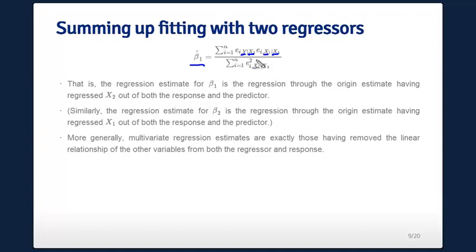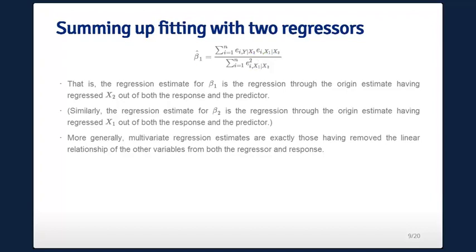Okay? And so that makes a lot of sense to me, because it's like removing x2 from both y and x1, and then only considering x1 in isolation and y in isolation, with x2 having been removed from both.